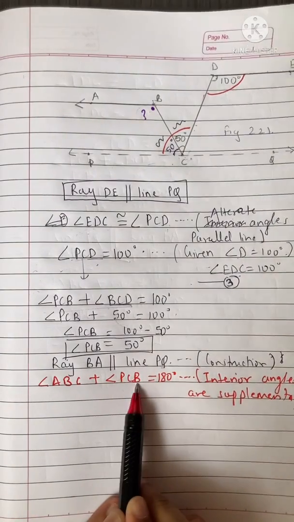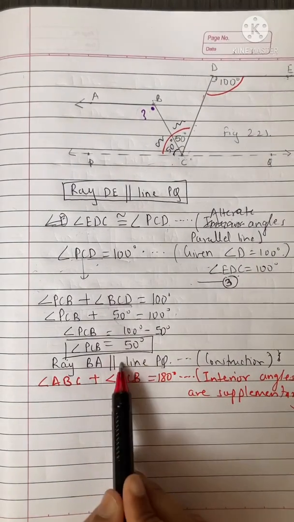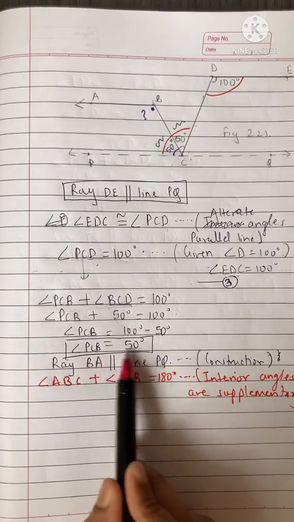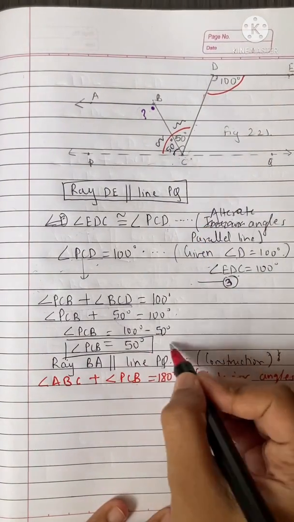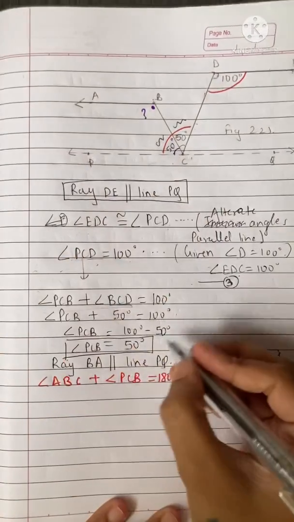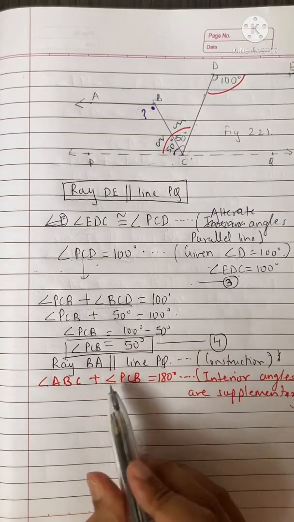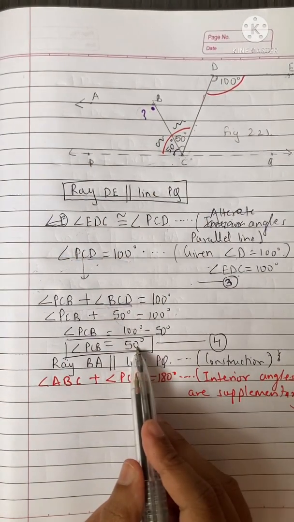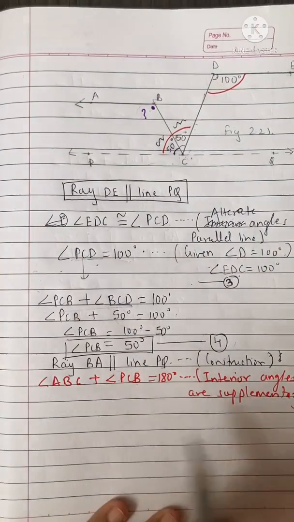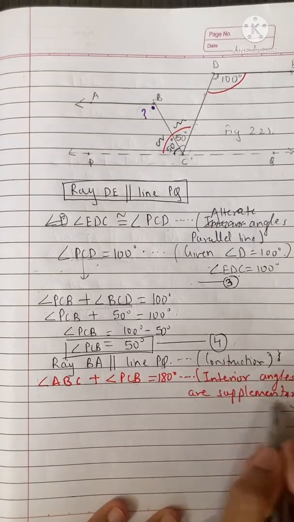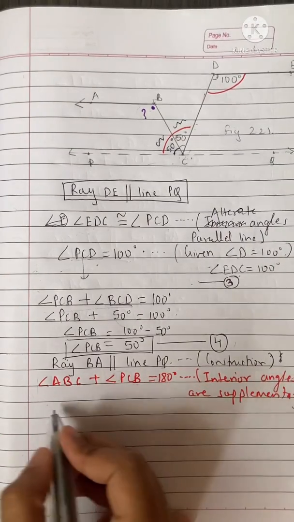Now what is PCB? Can you just see two lines up? We have found out PCB equal to 50 degree. It is already there in the diagram also. So it is better if you give this equation as equation number 4. So we can write down PCB equal to 50 degree, and from where did we get equation number 4? Okay, so I'll again start, because this was the interior angle test. I have written it in pink color.